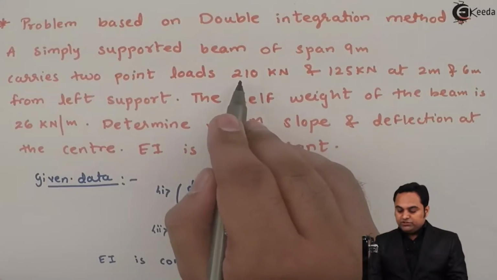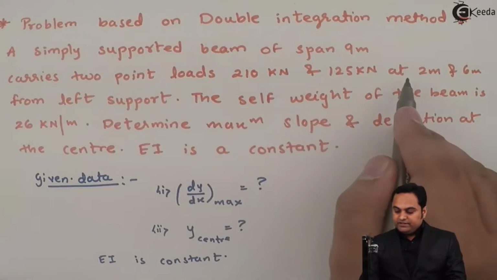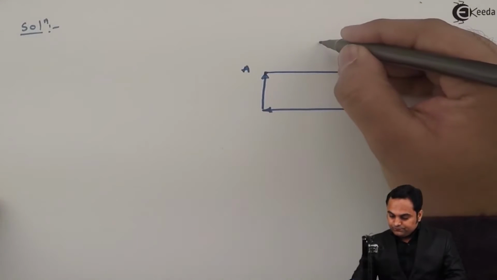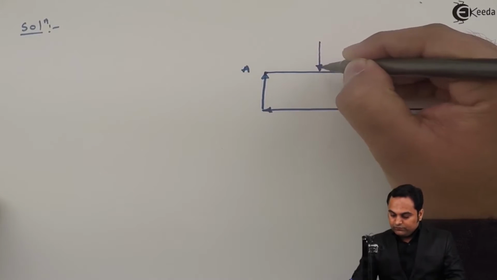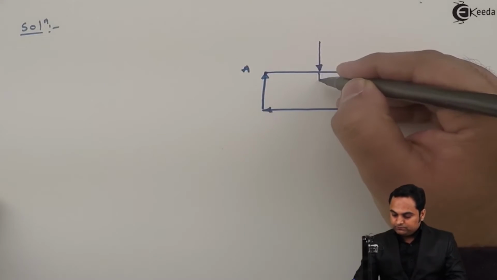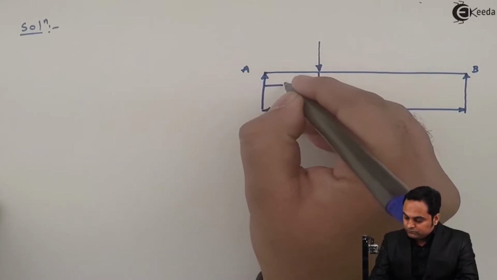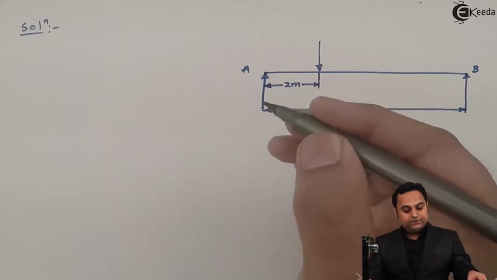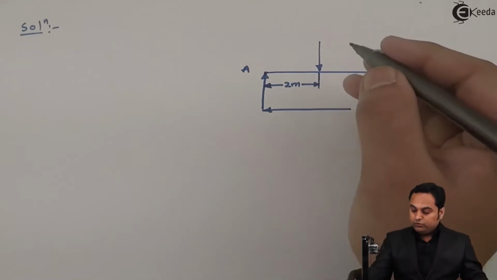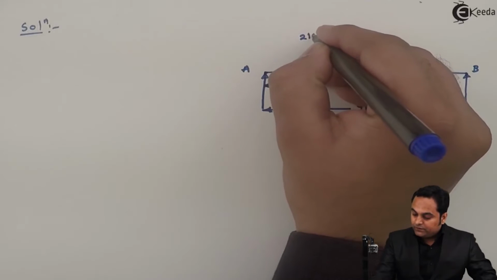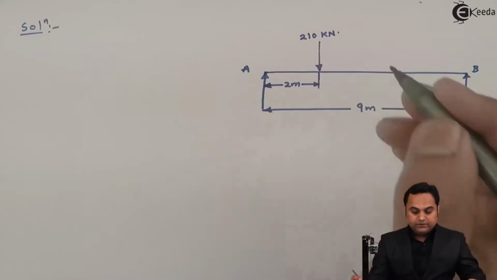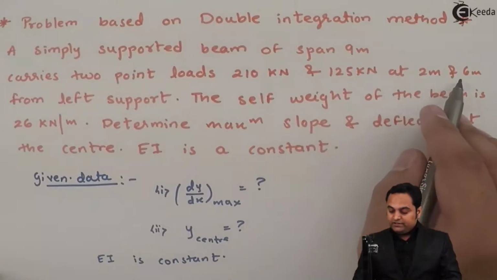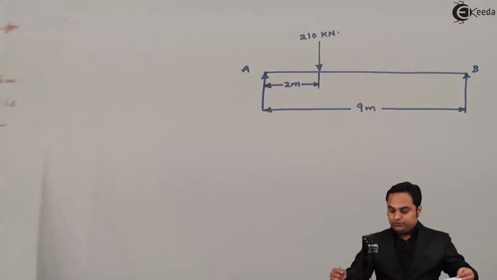So the first load, which is 210 kilonewton, is at 2 meter distance from left support. So from the left hand side support, at 2 meter distance, there is a point load of 210 kilonewton given. Next, 125 kilonewton is at 6 meter from left support.